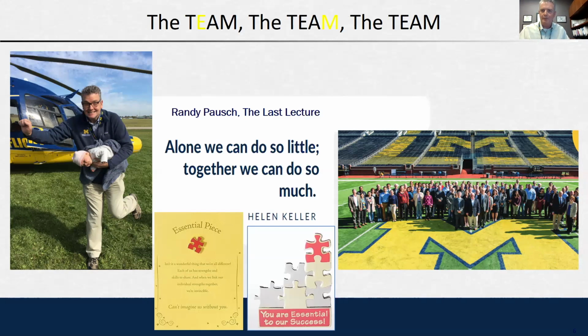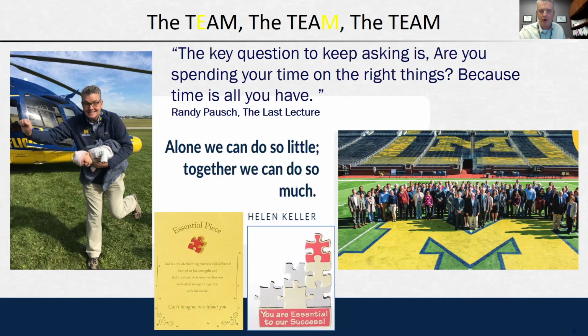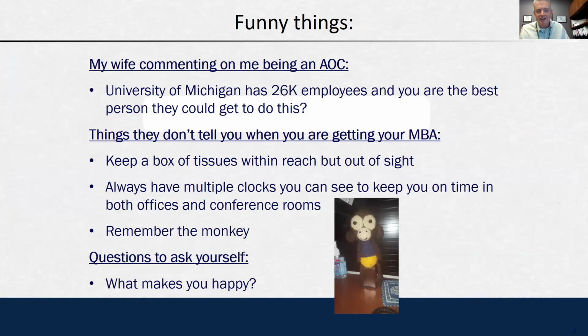It will be successful because of the 900 people, of which I'm one of those 900 people. And so I think this is kind of, how do we build a culture and how do we create that? And I think organizationally, we've created a team culture to enable us to advance within our matrixed authority as we have. So are you spending your time on the right things, as Randy said in his last lecture?